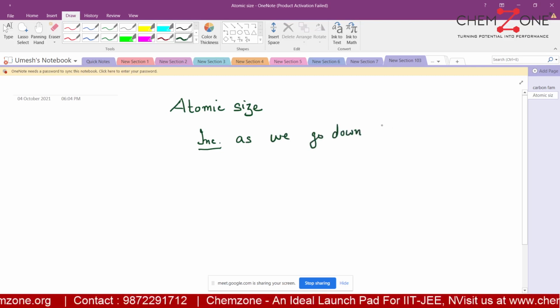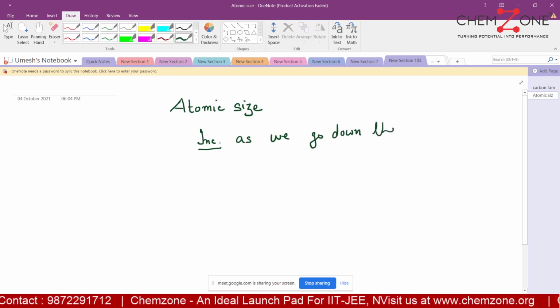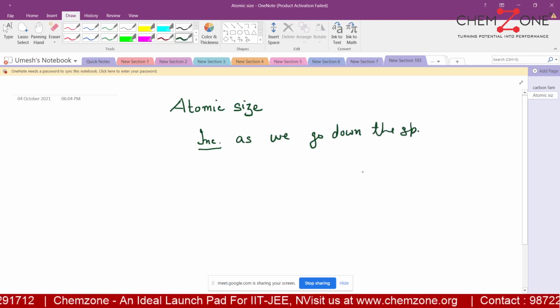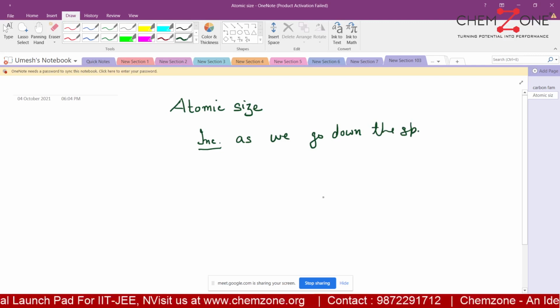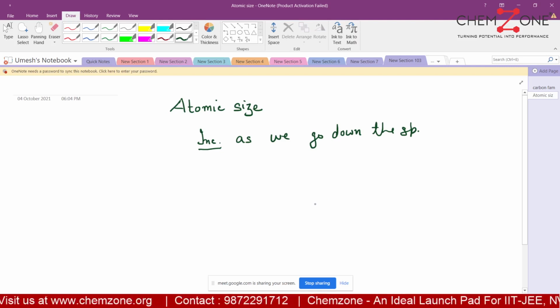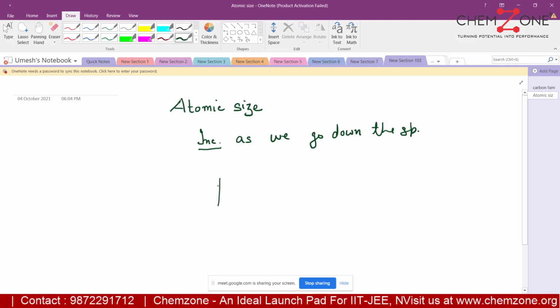Because of the increasing number of shells. At every step, the number of shells increases, which dominates over the increase in nuclear charge, because of the screening effect. Inner shells cause the screening effect. So atomic size increases as you go down the group.